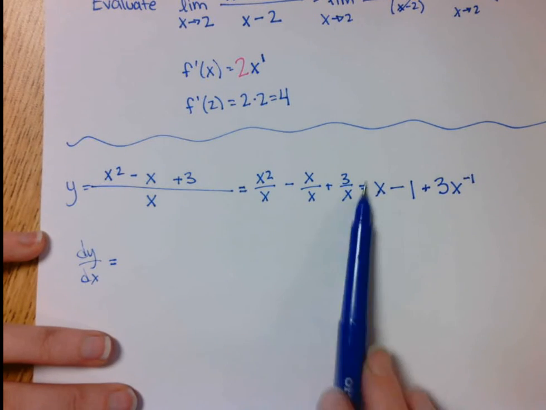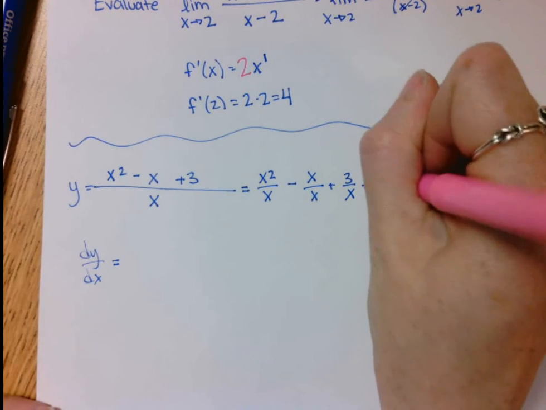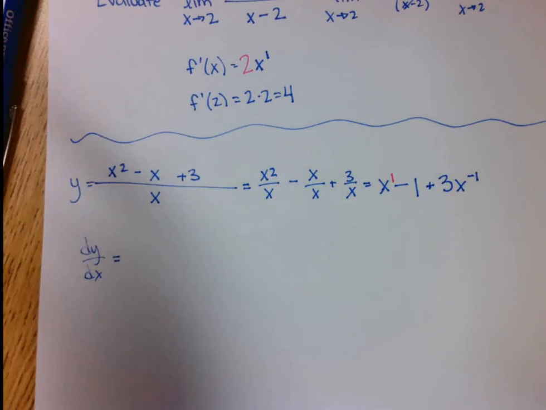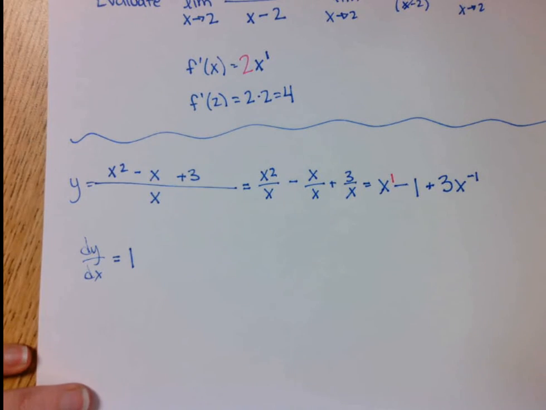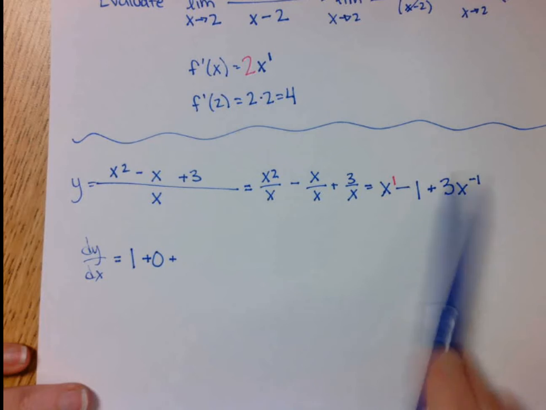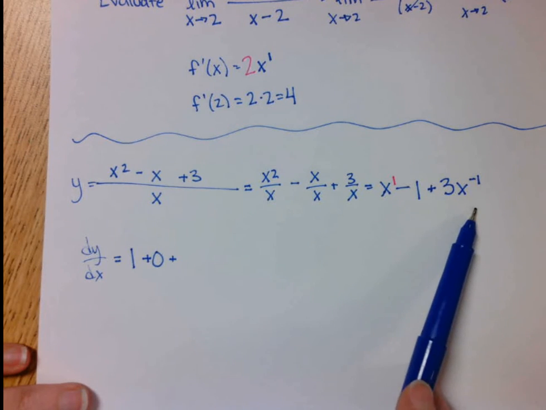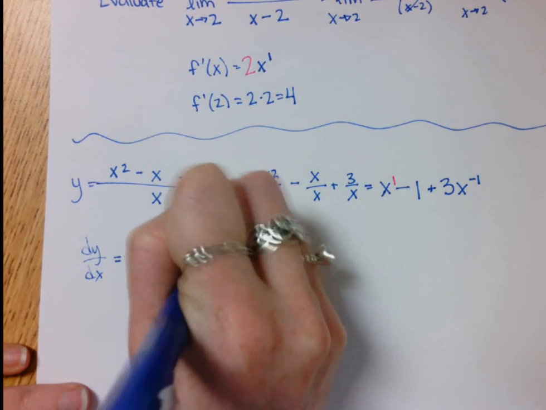Okay, so if I'm doing my power rule here now, I assume my power, if I can't see it, is 1. So I'm bringing a 1 in the front. So the derivative is just going to be 1. What's the derivative of a constant? 0. And what's the derivative of an x to the negative 1? Negative. So that negative 1 comes in the front.